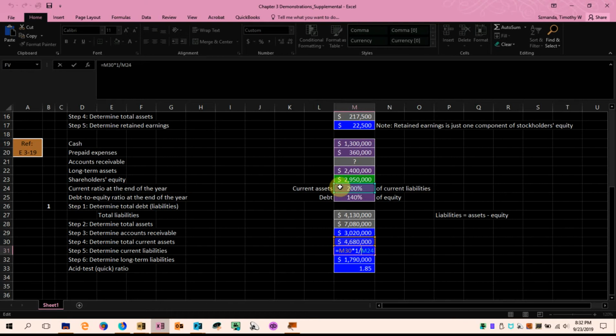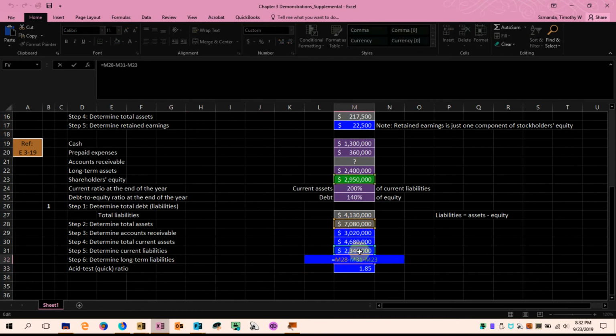Because if current assets are 200% of current liabilities, then current liabilities would be 0.5 or 50% of the current assets. Because 1 over 200% is 50%. So I took 50% of the current assets, and I now know the current liabilities to be $2,340,000 using my numbers.